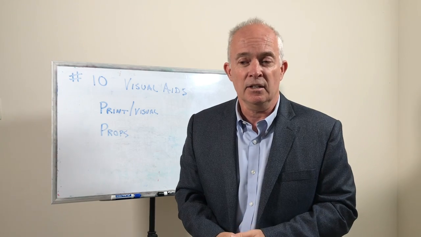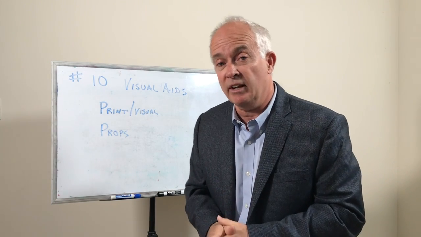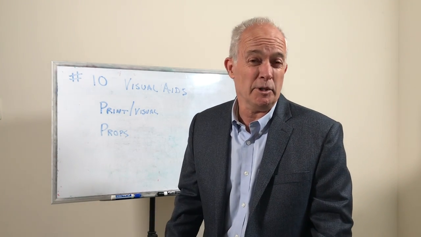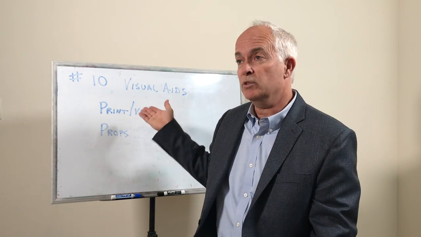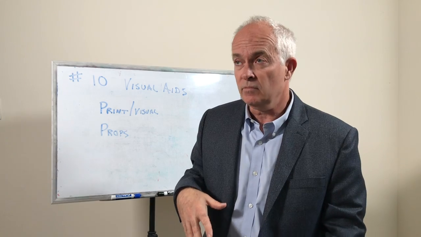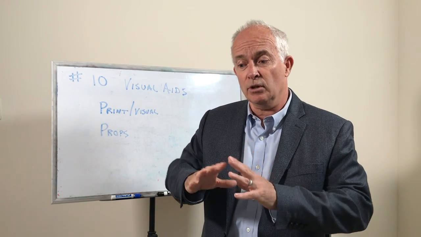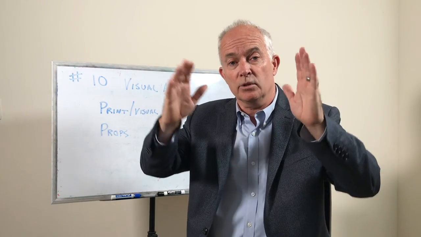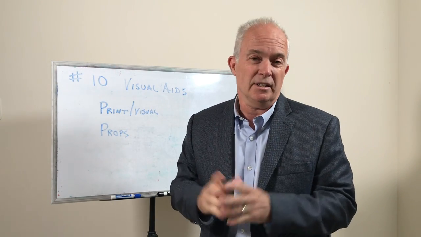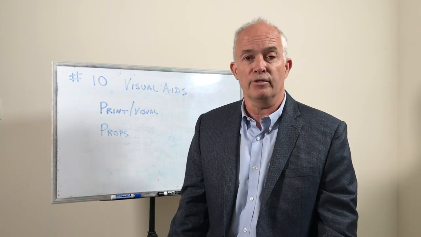So it's generally good to give that afterward if there's a lot of detail you want them to remember. So when using print visuals, make sure that you don't overwhelm your audience. Keep it to 7 items or less and 7 words or less in each. That's just a good rule of thumb.